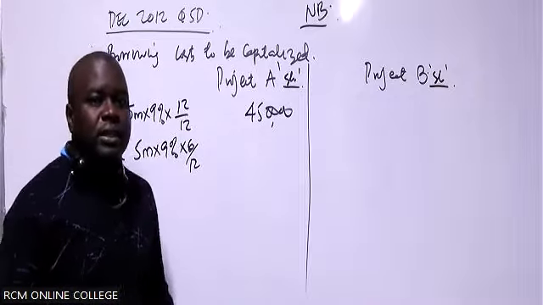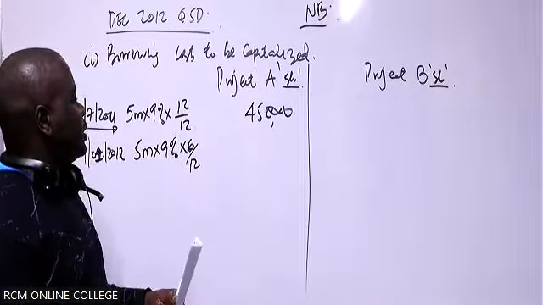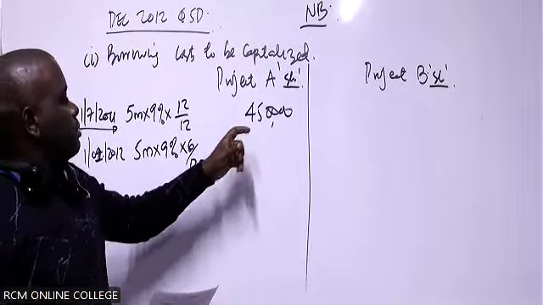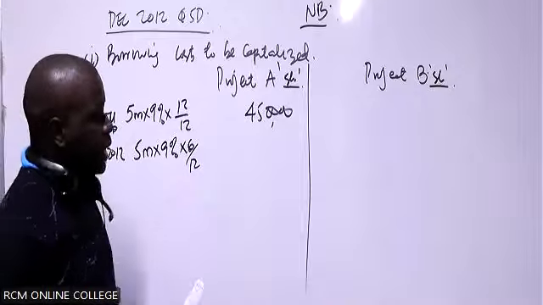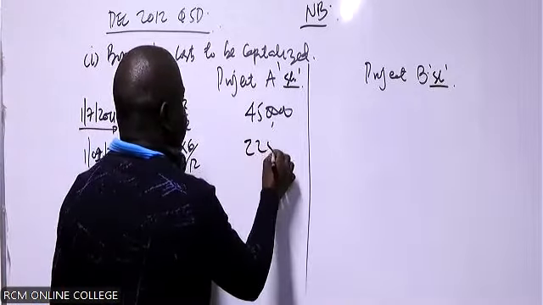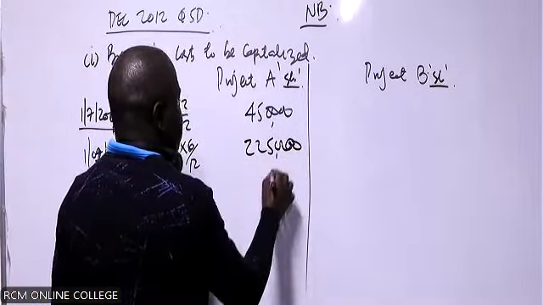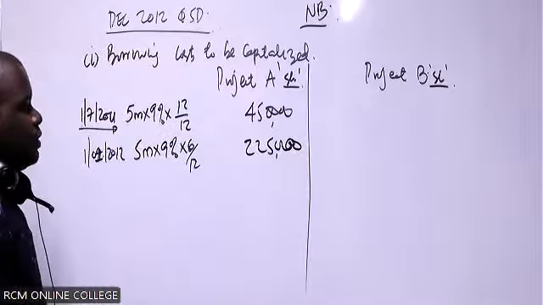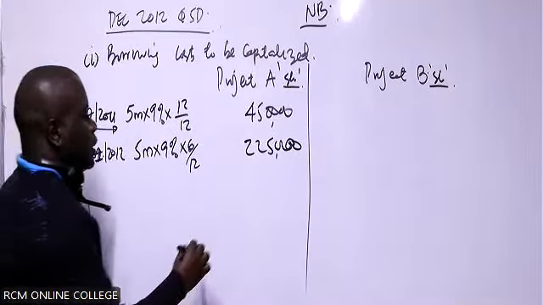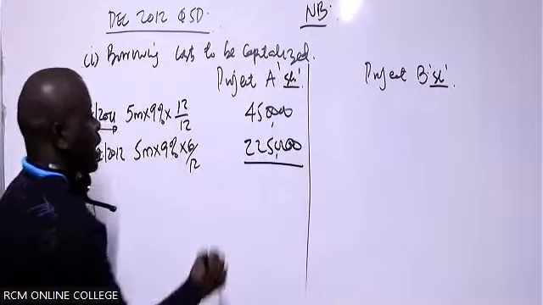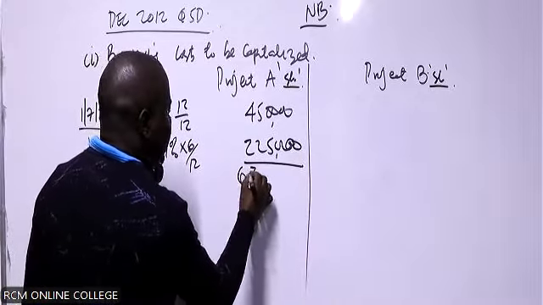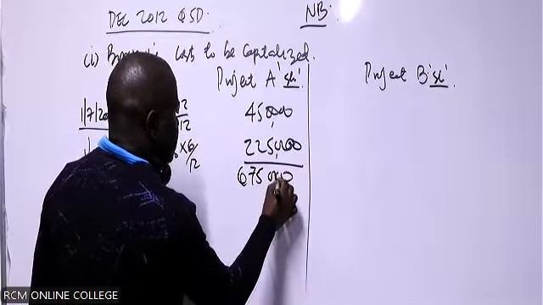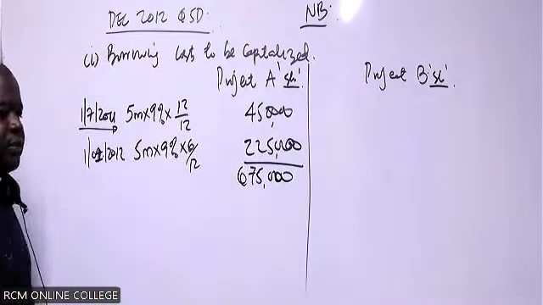So how much are you getting? I think you should be able to get half of this, because this one is 6, this one is 12. So I'm also a mathematician there. It's supposed to give you 225,000. So how much are you having to get as the total? When you add, you should be able to get 675,000.